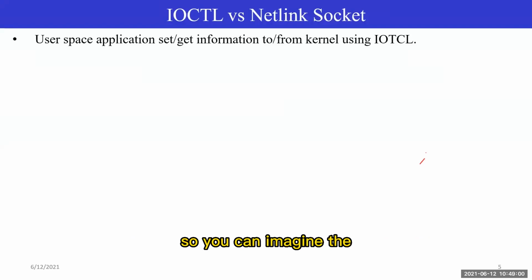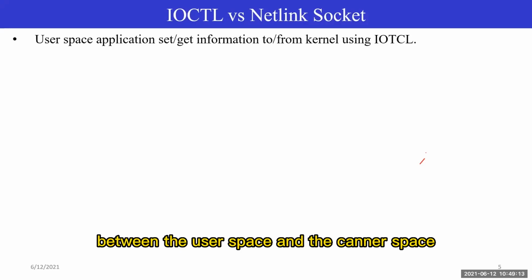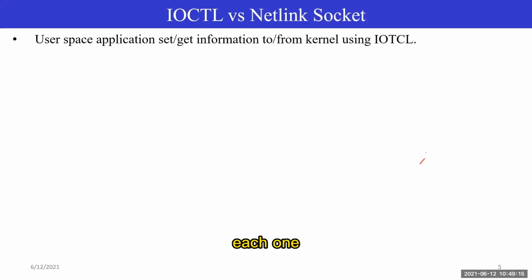So you can imagine the number of services you are using in order to communicate between the user space and the kernel space. Each one has one unique IOCTL number.